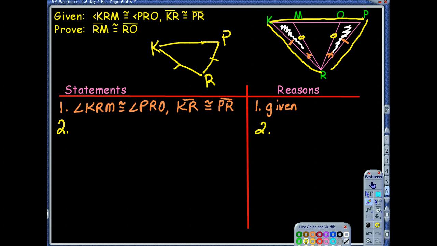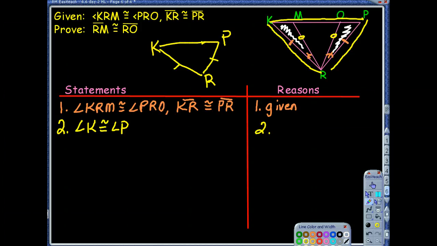And if the triangle is isosceles, those base angles are congruent, which is going to help me because those base angles are also angles within those smaller triangles. So I'm going to say that angle K is congruent to angle P.